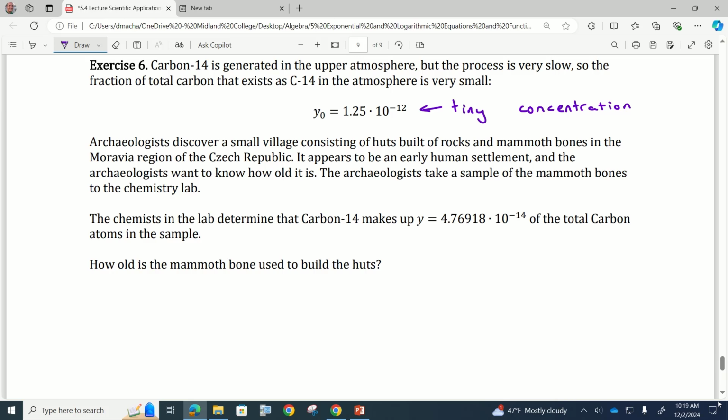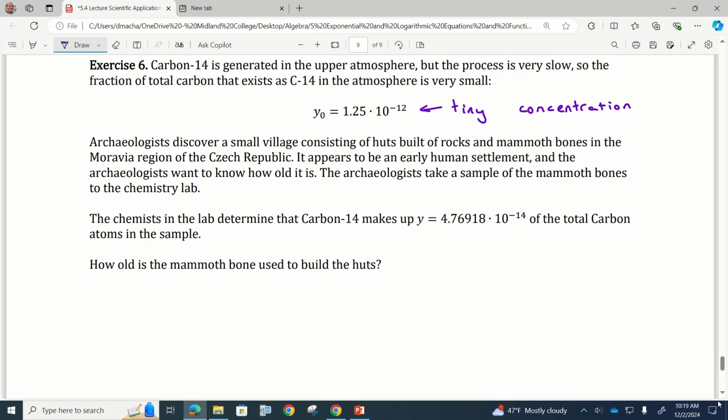So you come across this, and they've got mammoth bones that have been kind of collected and used for tools or whatever. And you want to know, as an archaeologist, how old is this, right? Like, how long ago was this tribe of humans tramping around, doing their thing. Well, here's what you would do.